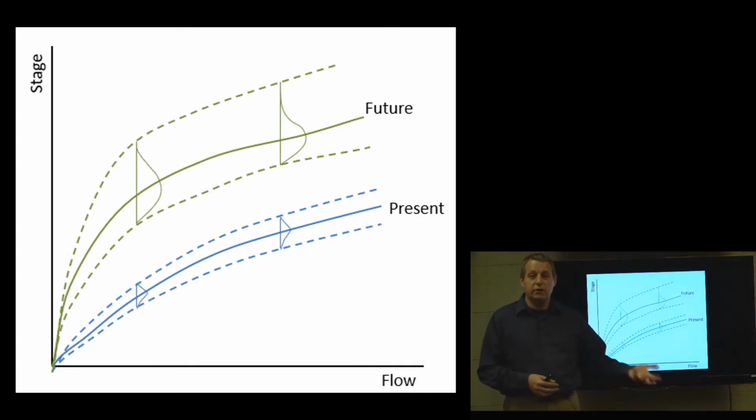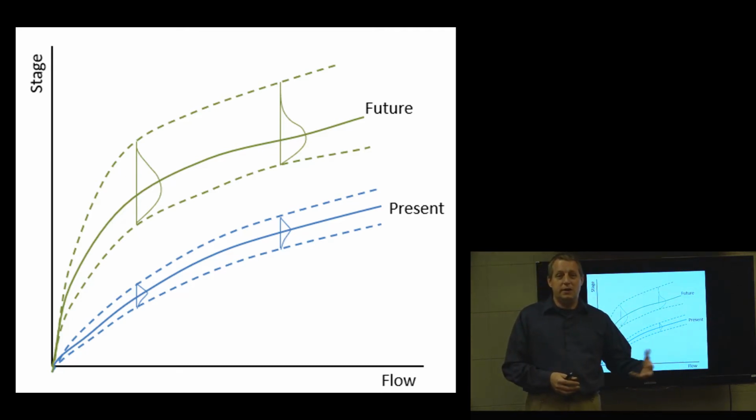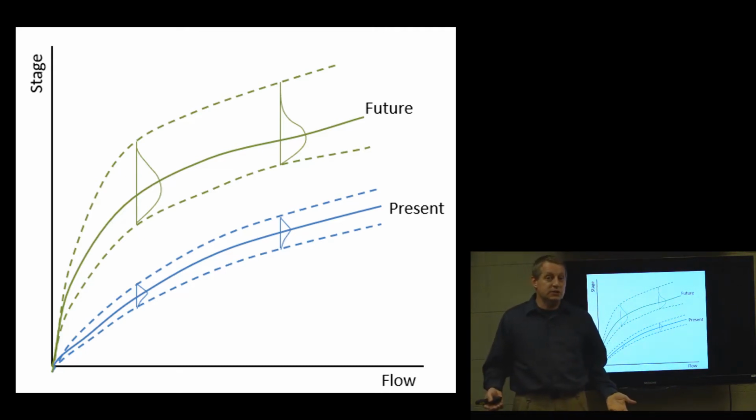There's a lot of what we call aleatory or natural variability uncertainty, but there's also a lot of epistemic uncertainty. There's a lot of the sediment processes that we don't fully understand, or we just don't have the budget or time to do the studies that we need to do. So both of these brands of uncertainties conspire to introduce some pretty significant bounds around your flow stage curve if you're in a dynamic system.